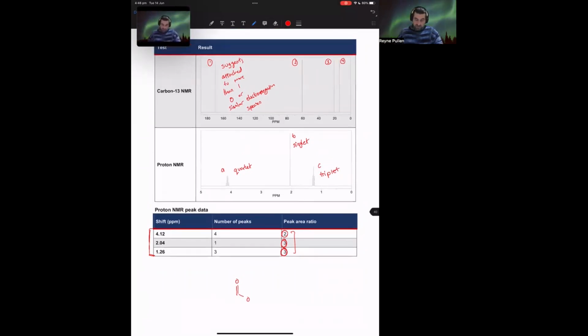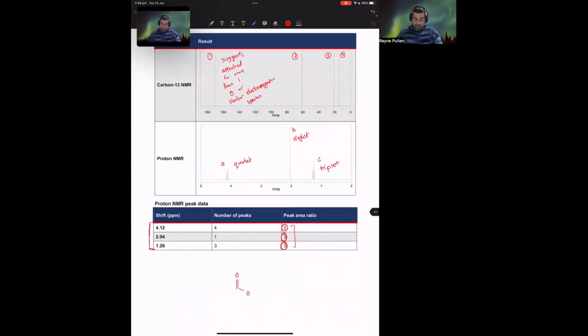Of the 3, peak 2 suggests that there is another carbon attached to an oxygen, or to an electronegative species. So that must be here. So now we're at the stage where we need to think about where we can place these other carbons that need to go around this central ester feature.